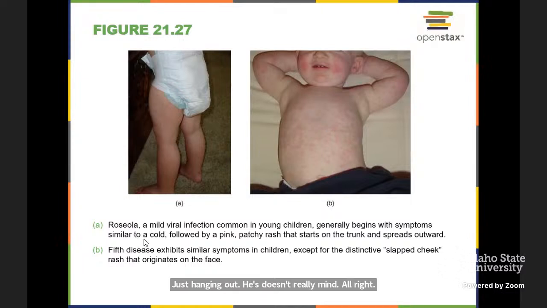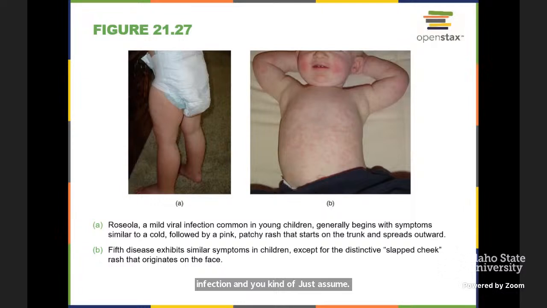So a couple more viral infections where we see skin manifestations. Rashes are really what we're thinking about. Roseola, pretty common. Childhood illness, mild viral infection, and you kind of just assume your little kid's probably going to get this, all right?